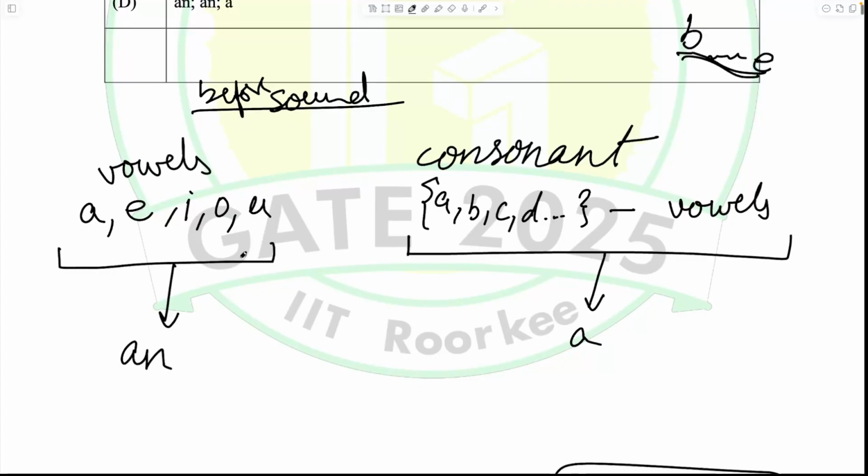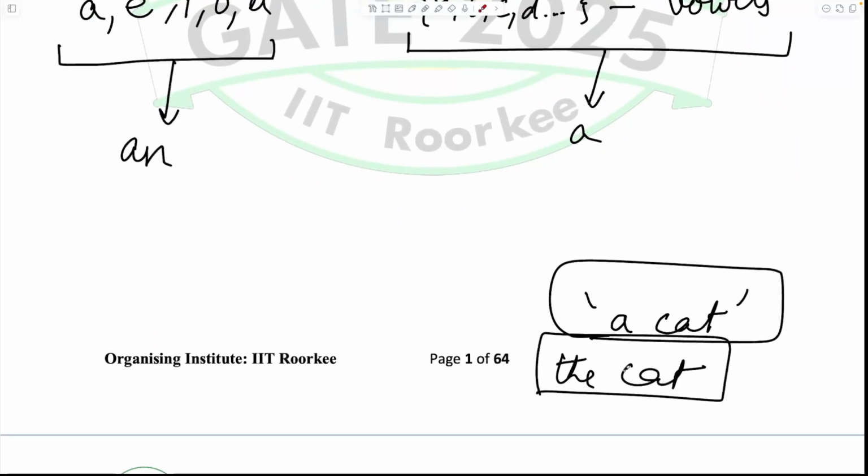Now if the start of a word sounds like a vowel, then we use an there. If the start of the word sounds like a consonant, then we use a there, right? And if we are talking about general things, then we can use a or an. But if we are talking about something that we have already talked about before, and we are going more into that, then we use the, right?